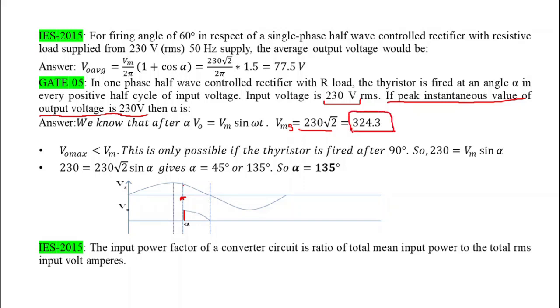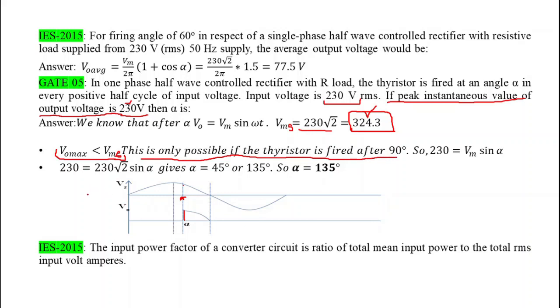We can clearly see that this 324.3 is greater than 230 volt. So the maximum value of the output voltage is less than the maximum value of the source. How is that possible? This is only possible if the thyristor is fired after 90 degrees.